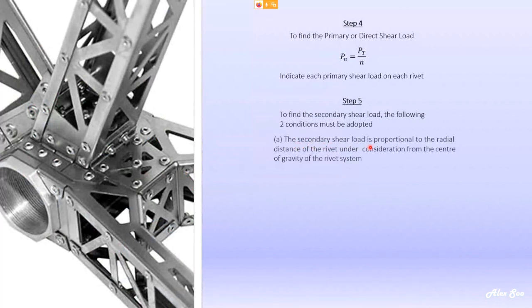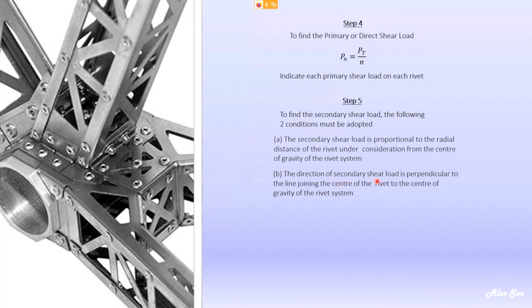The secondary shear load is proportional to the radial distance of the rivet under consideration, that means 1, 2, 3, or 4, from the center of gravity, that is G, of the riveted system. That is part A. B, that means when you consider secondary shear load, you must fulfill one condition, second condition.